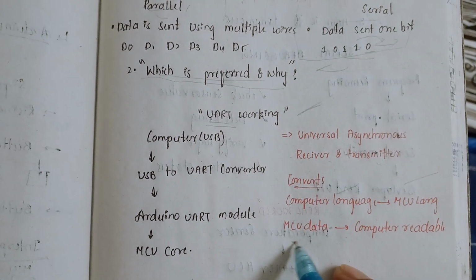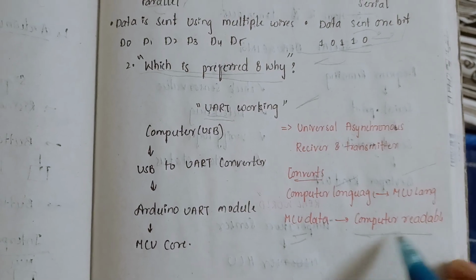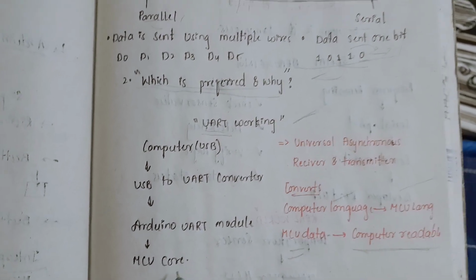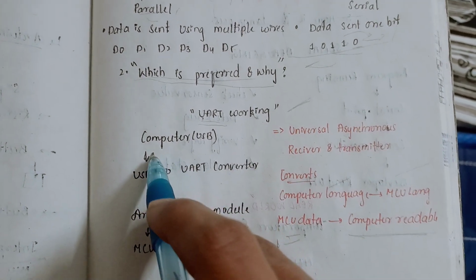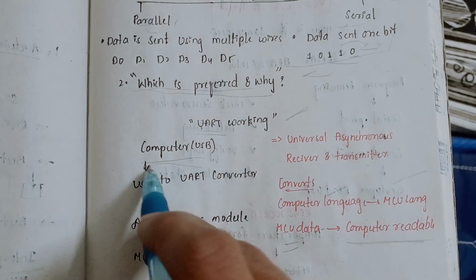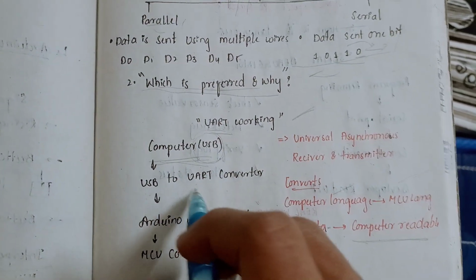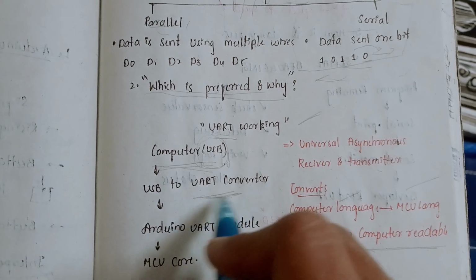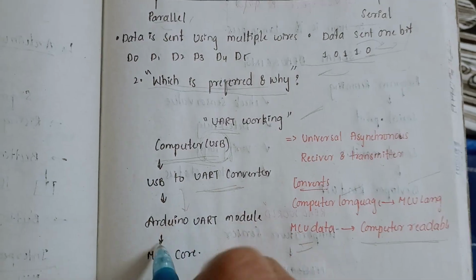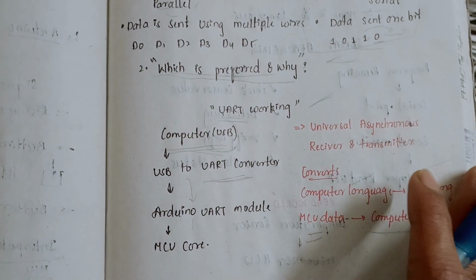The captured MCU data is converted so that the computer can read the data and display it in the user's language. The computer connects mainly through USB. We plug in the USB, and the USB is converted to UART using the UART converter, which is sent to the Arduino UART module, and then to the MCU core for evaluation.